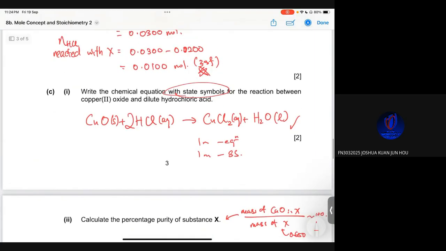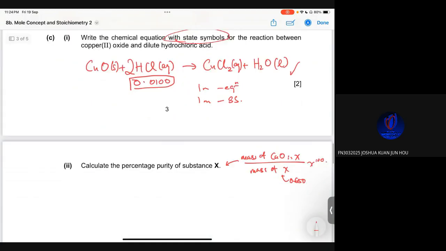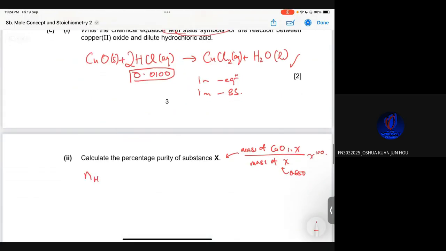What I know is that 0.0100 mole of HCl reacted with CuO. So from the number of moles of HCl, I can find the mass of CuO. To do so, I must find the number of moles of CuO, and then find the mass of CuO.